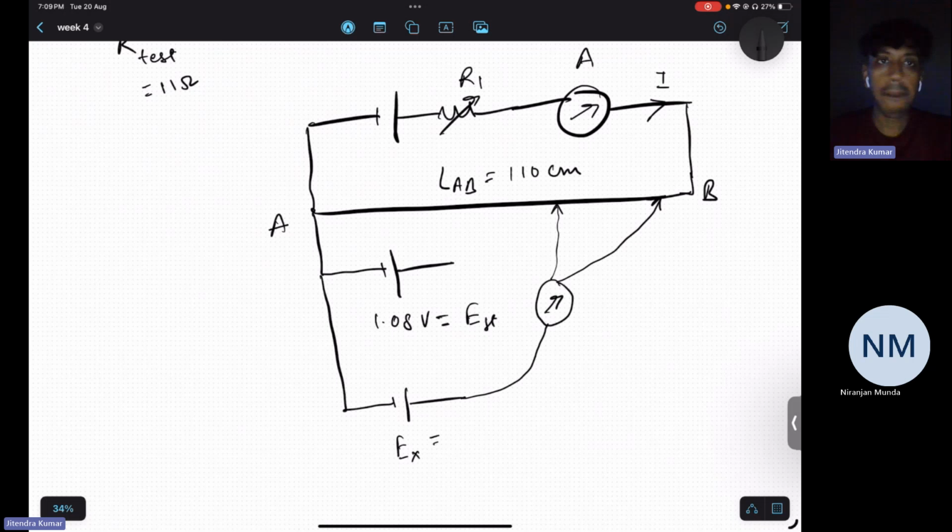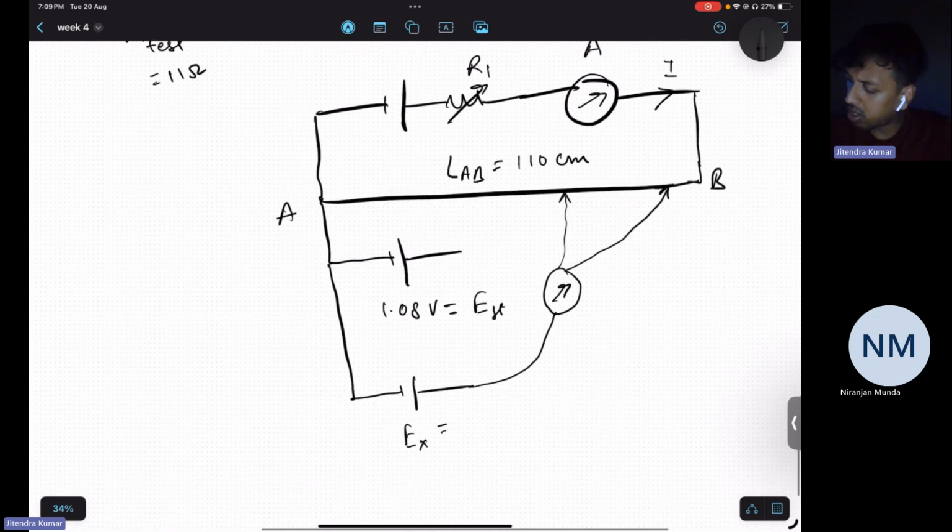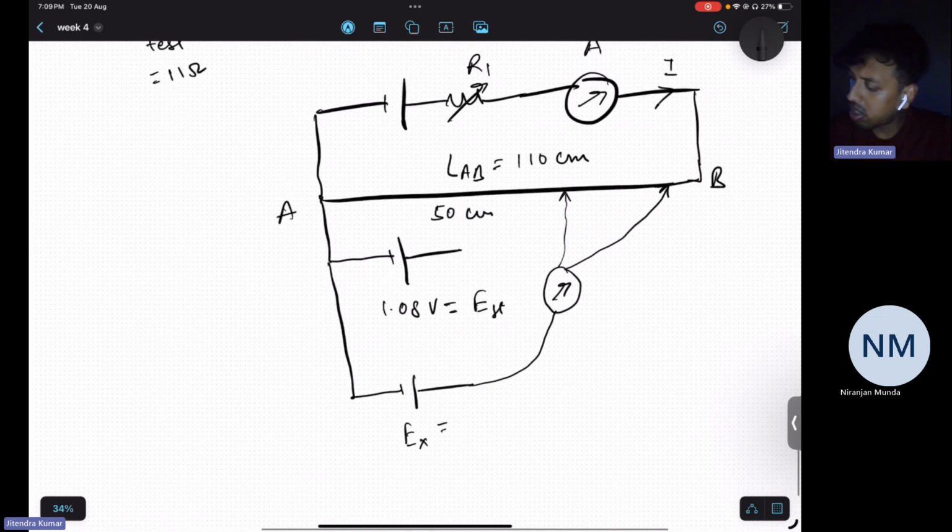Now we will set the jockey as in the example. In the example, the jockey was set at 50 centimeter. So if the jockey is set at 50 centimeter, let us suppose this is 50 centimeter and this is 110.